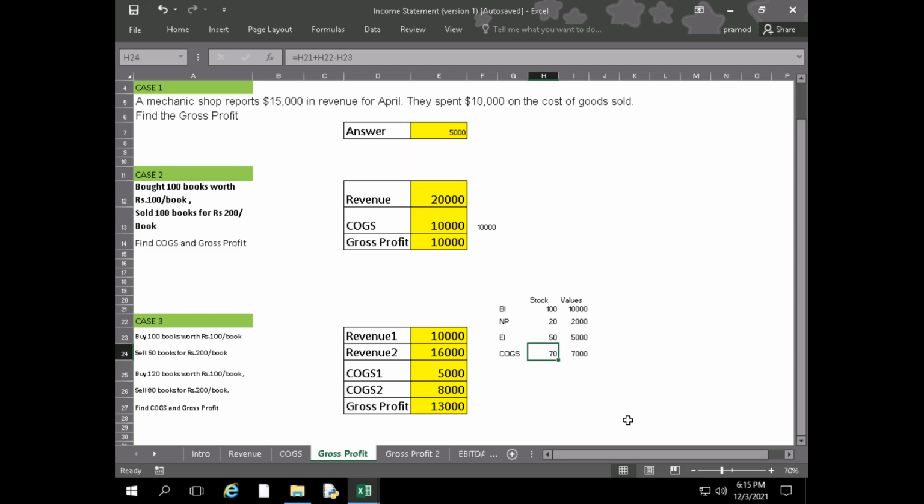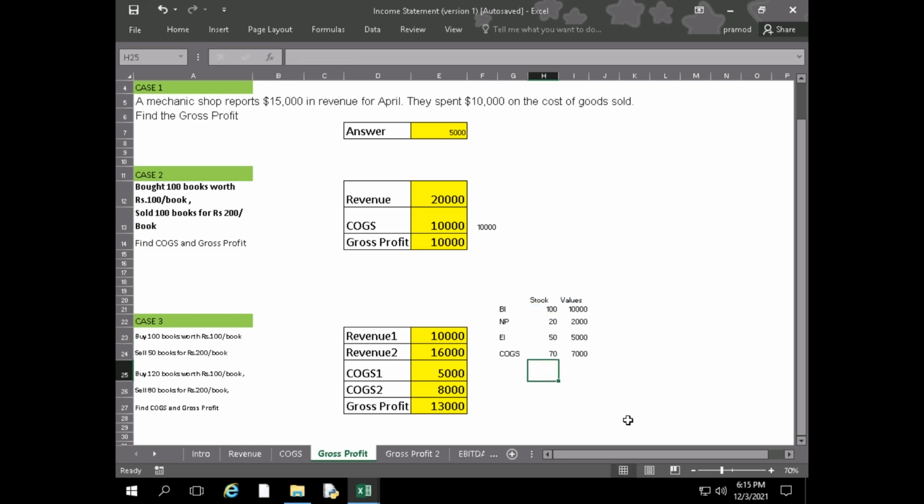In the COGS, what you need to do: you have the beginning 100, plus today I have purchased 20 more stock, minus the ending stock, that is your 50.